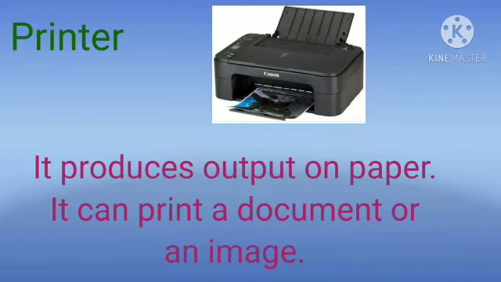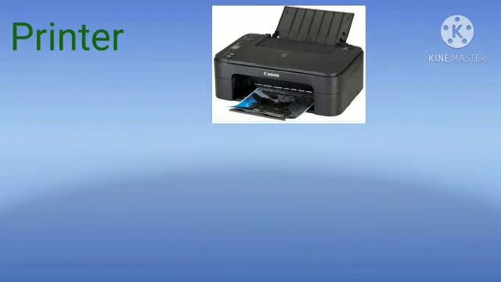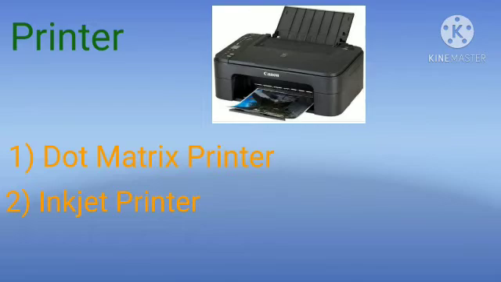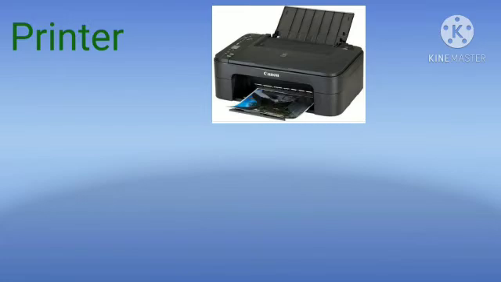Three commonly used printers are: first, dot matrix printer; second, inkjet printer; third, laser printer. A printer is an external hardware output device that takes the electronic data stored on a computer or other device and generates a hard copy of it.